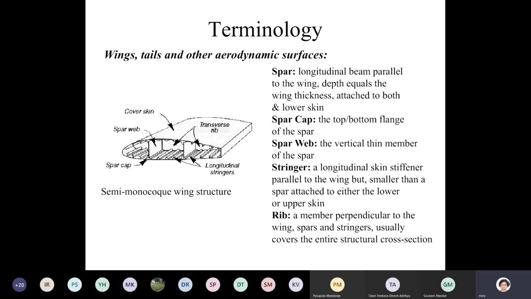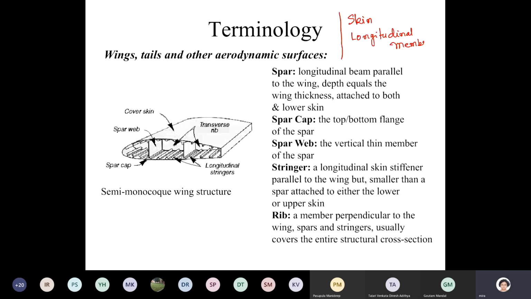So let us go into the topic. As I said in the last class, the aircraft structure primarily consists of three parts. One is skin. The second is longitudinal members. And the third is transverse or lateral members.